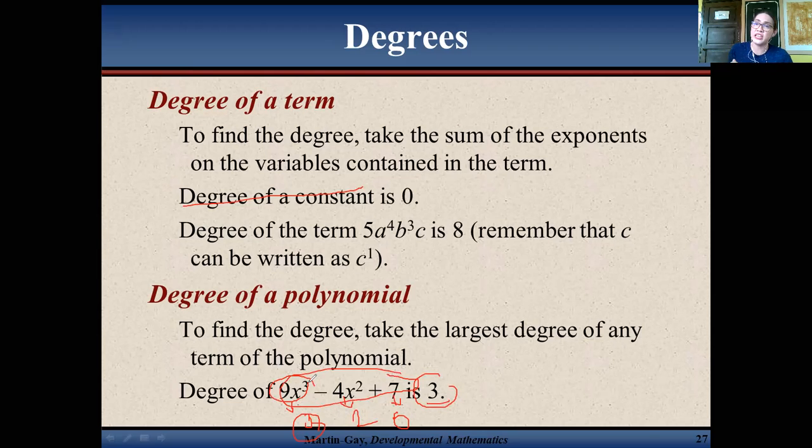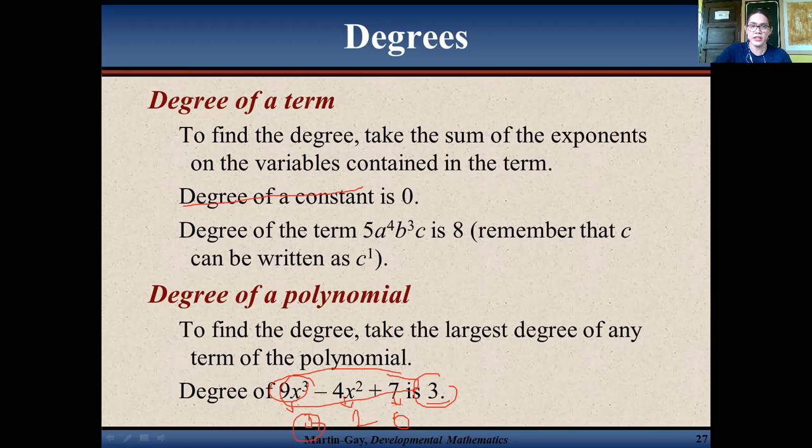The coefficient of the leading term is the leading coefficient. Where you get your highest degree, that's considered your leading term, and you can find your leading coefficient from your leading term. Do not forget that one, okay?